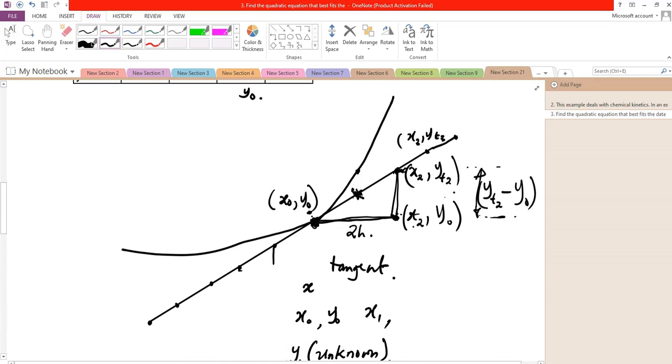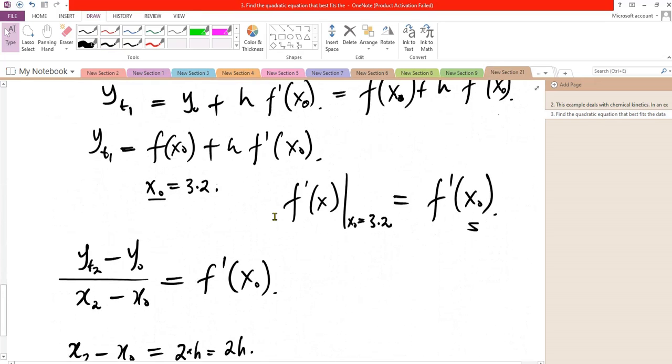Now 2h, assuming from here to here is the same, from here to here is the same, which is 2h. Now in this case I would choose data where those values are the same, but if those values are not the same, I can just use the x values and make my input, just like the formula is here.